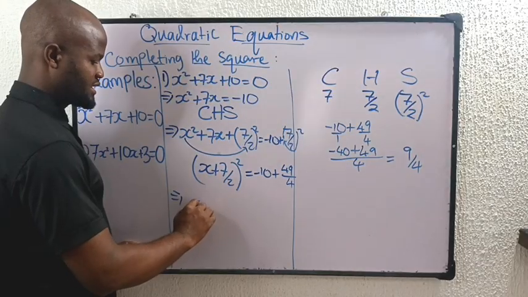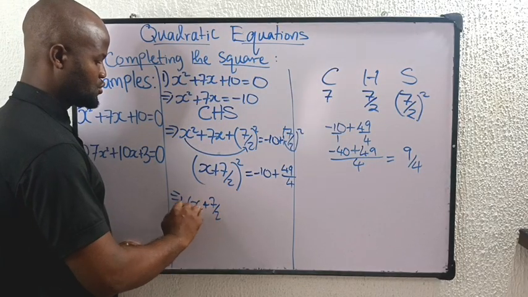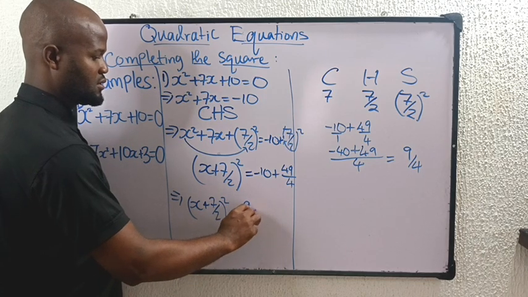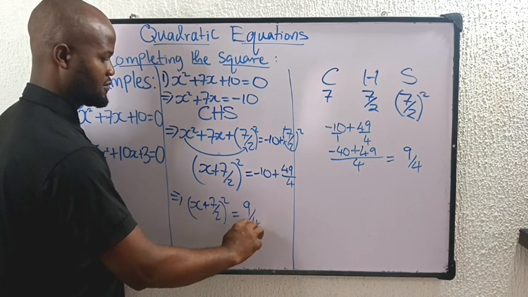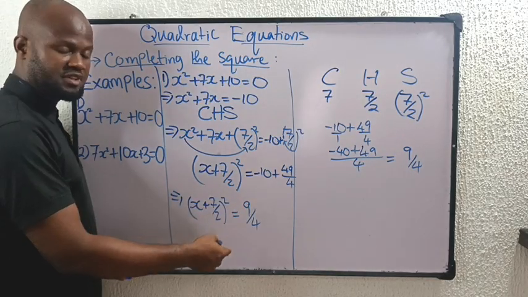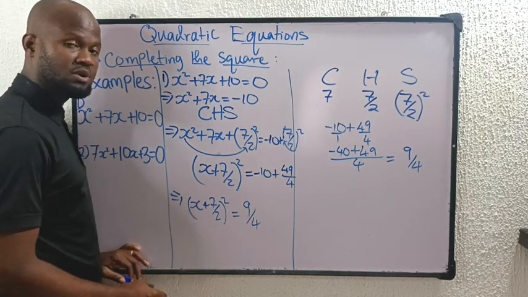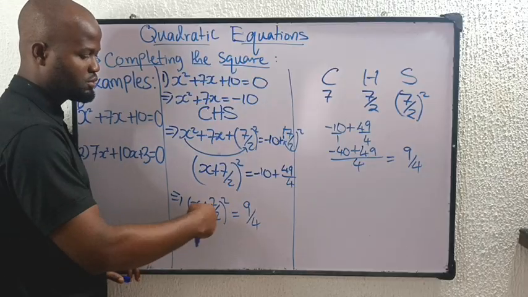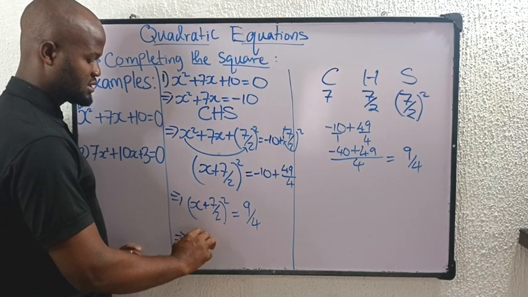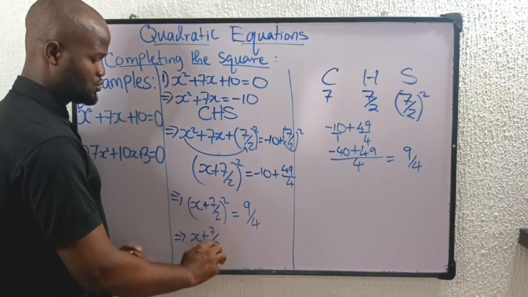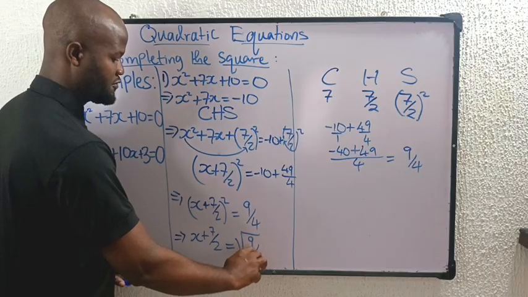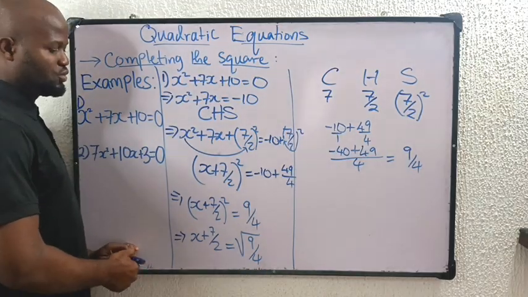So this implies x plus 7 over 2 all squared equals 9 divided by 4. I have my square here, and if it jumps over the equality sign, it becomes square root of 9 over 4, or I simply take the square root of both sides. When I do that, x plus 7 over 2 equals the square root of 9 over 4. Now it's all making sense.